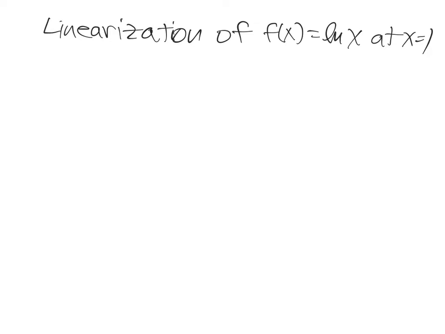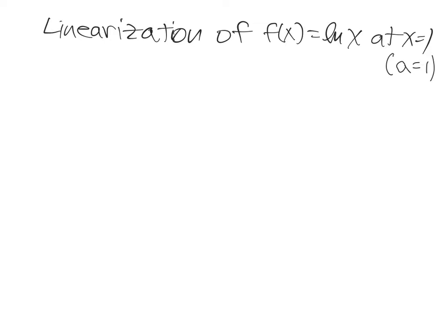The other type of problem we looked at in that section was what's the linearization of the function at a certain number, and I think in their material they used like a equals 1. It just means the particular x value we're dealing with.